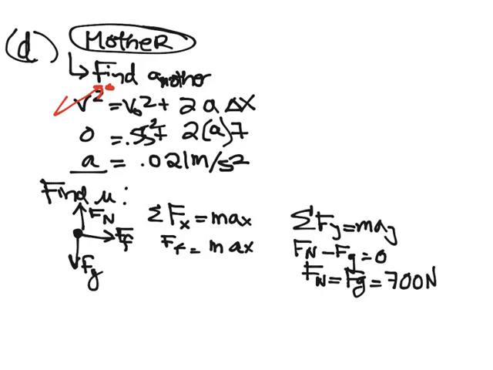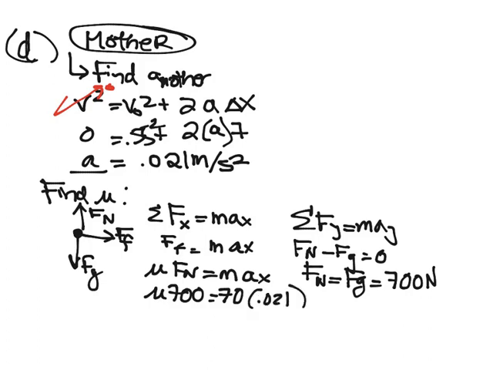Of course I know that Ff is mu times Fn, so I have mu times 700 is equal to her mass, which is 70, times 0.021. I divide both sides by 700, and I end up with mu equal to 0.0021.